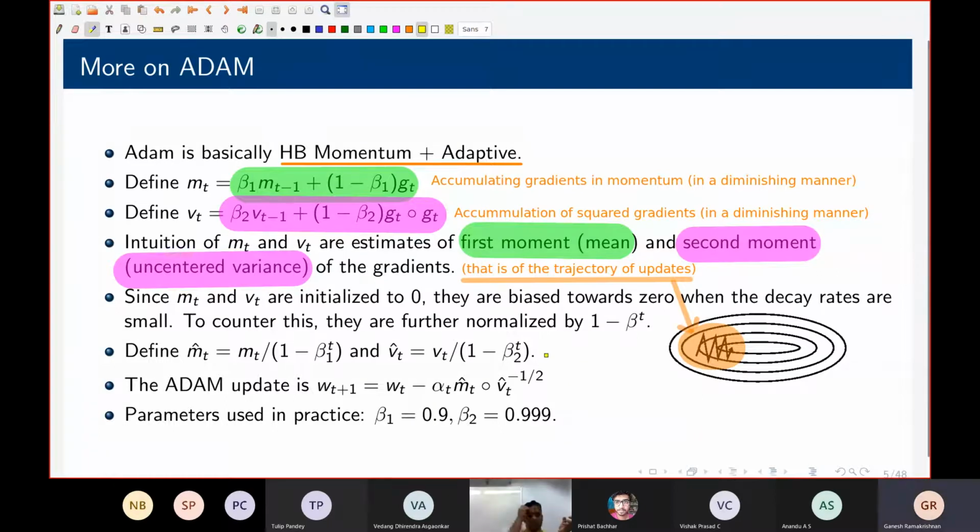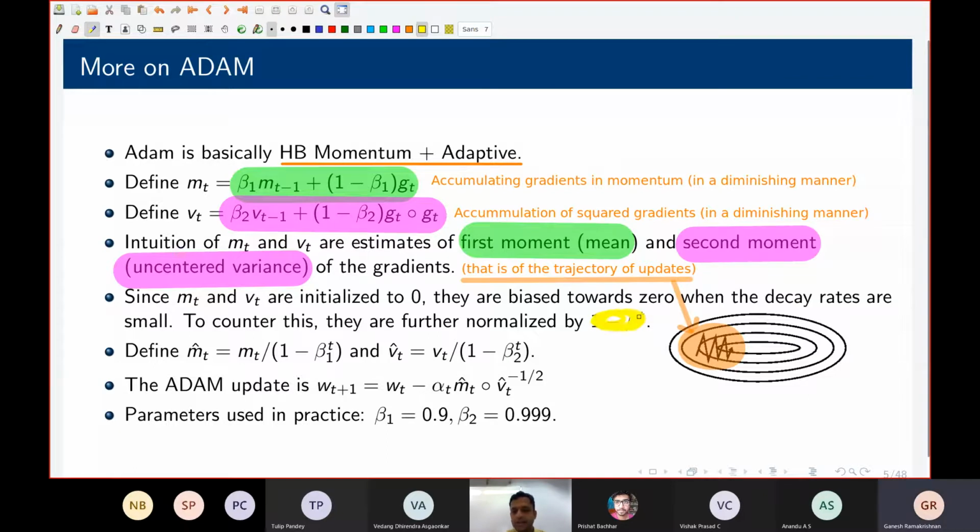So what will happen? If the decay rates are initially small, you need to normalize by those decay rates themselves to make sure the values don't appear smaller than they should. Initially t is small, like 2 or 3, so the denominator will become small, and the overall expression, 1 upon the denominator, will become large.